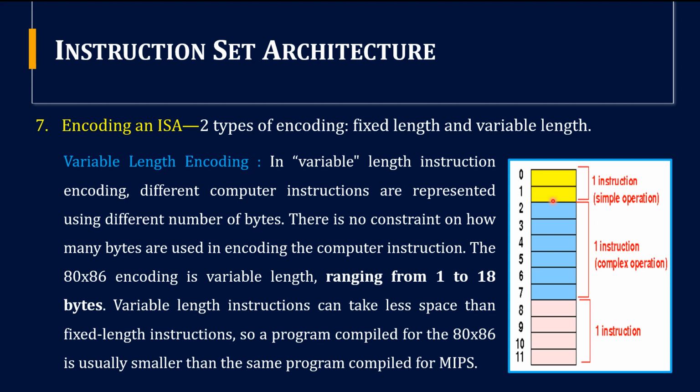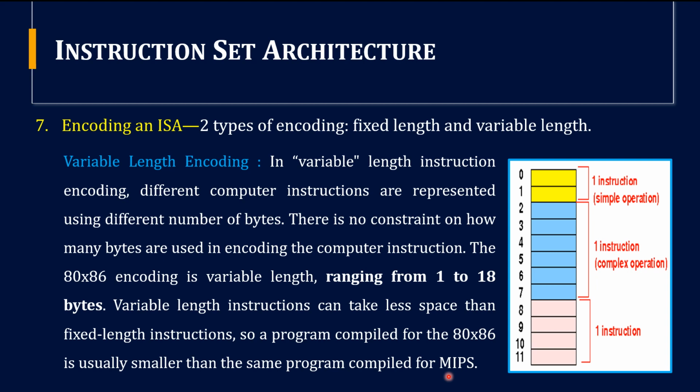Variable length instructions can take less space than fixed length instructions. So a program compiled for the x86 is usually smaller than the program compiled for the MIPS. The MIPS follows the fixed length formatting.